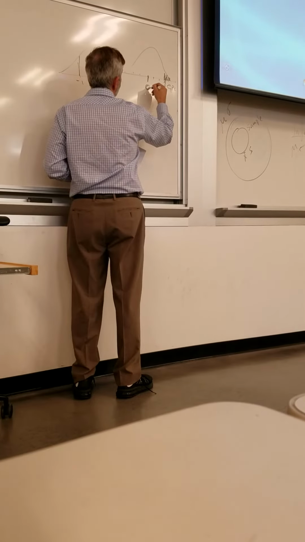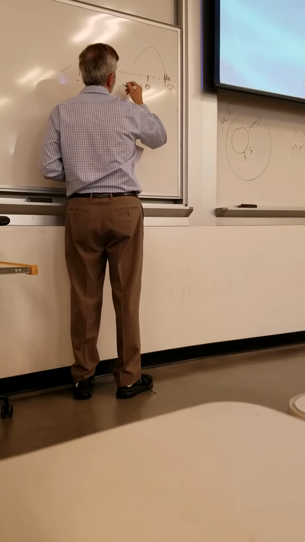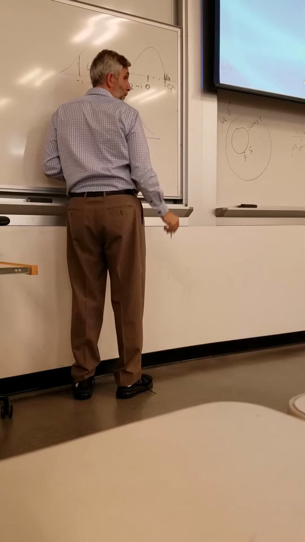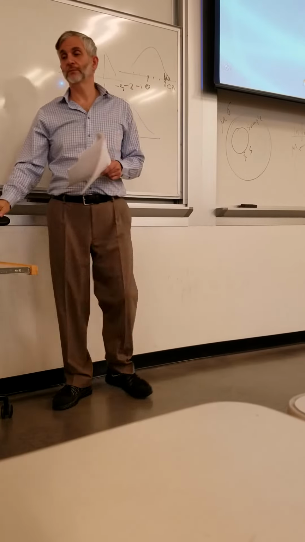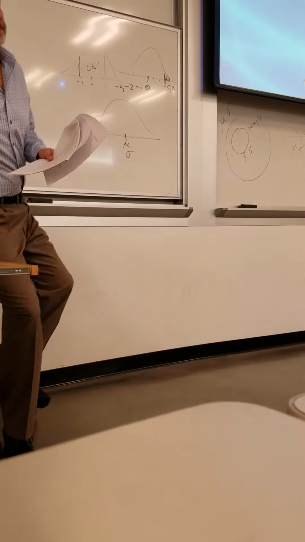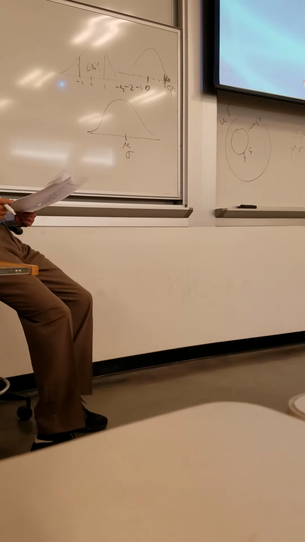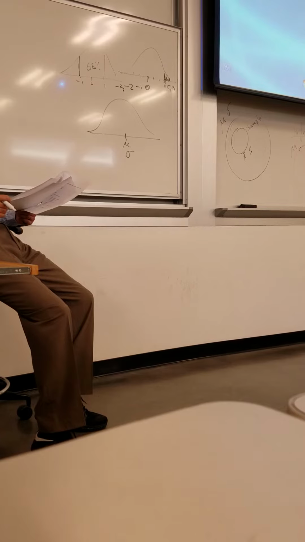This is 0 Z value, this is minus 1, this is minus 2, minus 3. So you're going to be positive and larger, yeah?